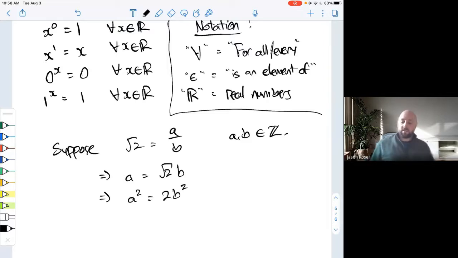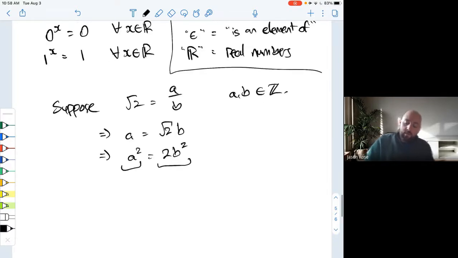So it comes down to saying, if these two numbers are equal, then the prime factorization on the right has to be equal to the prime factorization on the left. Now let's suppose that the prime factorization on the left has a 2 in it. There must be an even number of 2's because that part is squared: 2 squared, 2 to the 4, 2 to the 6, 2 to the 8.